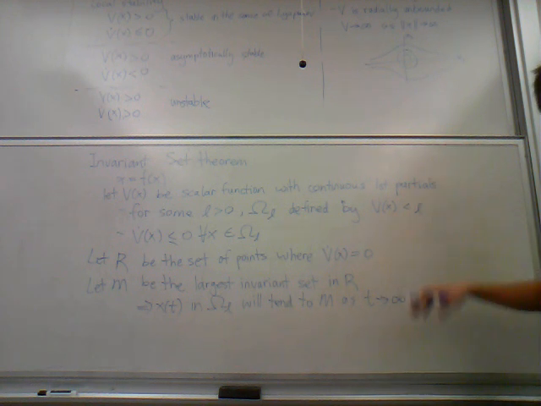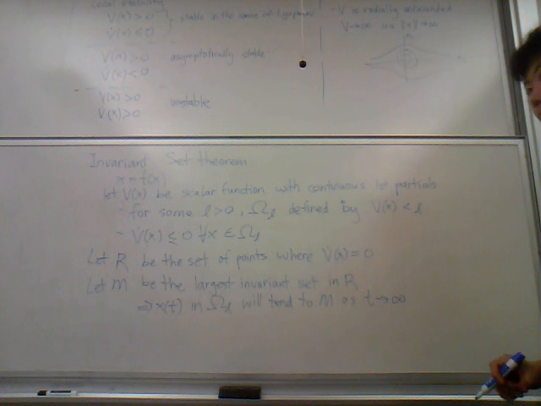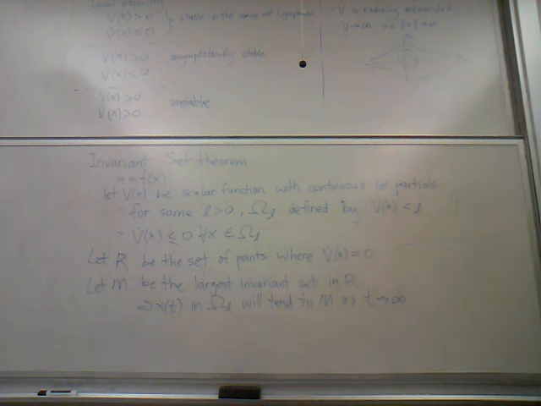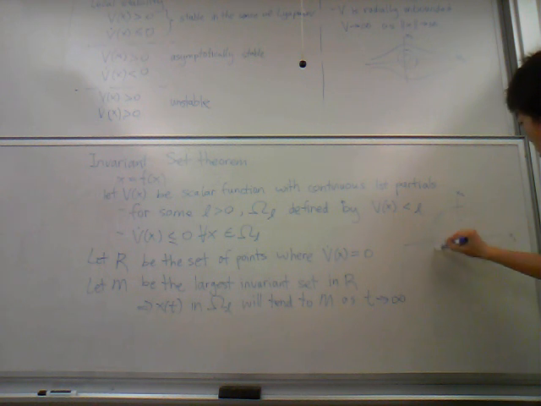So it seems kind of verbose. What does it actually mean? Well, say we have x1, x2, and we have some region.